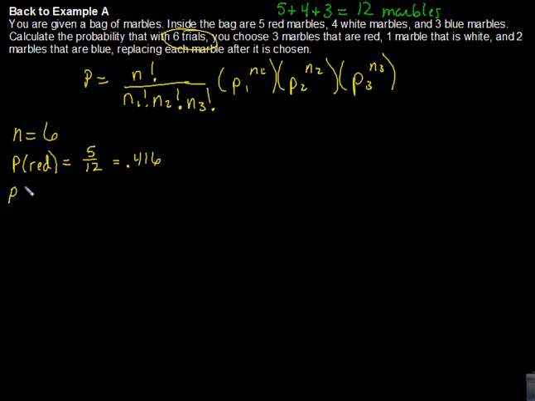My probability of a white marble is 4 out of 12, which is 1/3. So that's 0.3 repeating. And my probability of a blue marble is 3 out of 12, which is 1/4, so 0.25. So far okay?